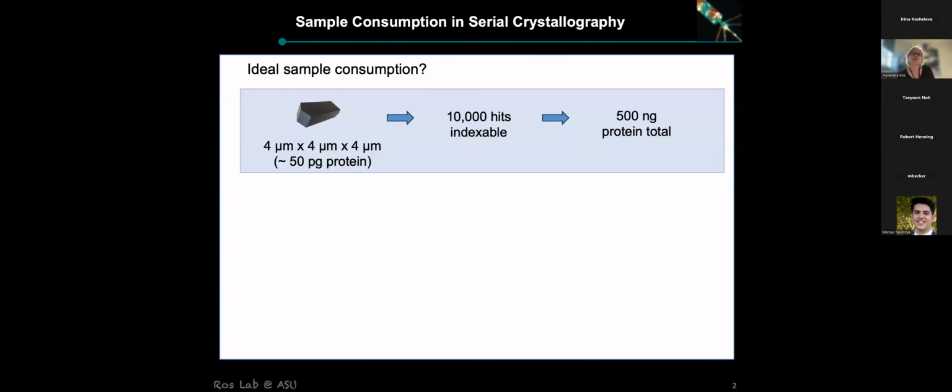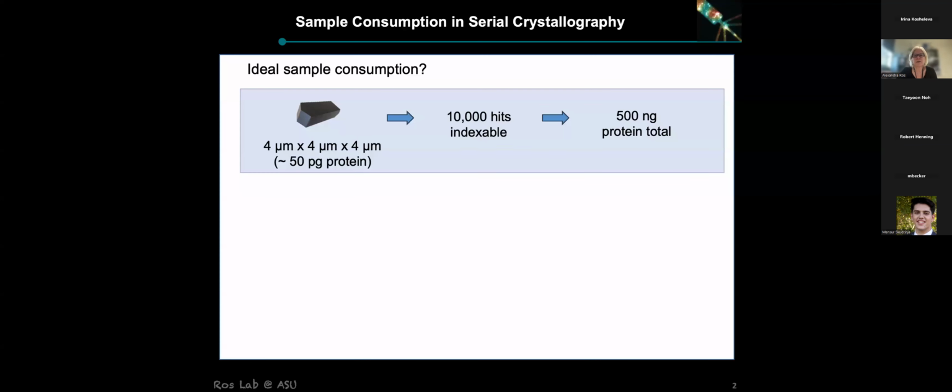As we know in crystallography, we get diffraction patterns from one crystal that we then merge together, and we need about 10,000 hits or so that are indexable to get a structure. So that brings us to about 500 nanograms of protein that is needed to obtain a structure.